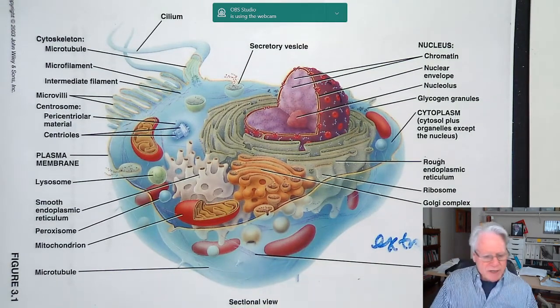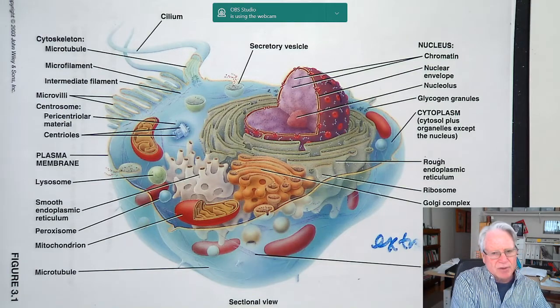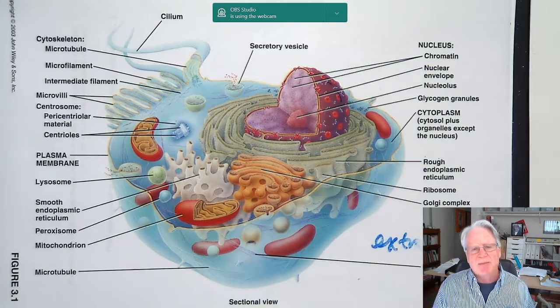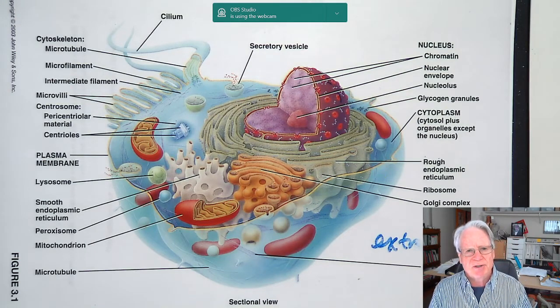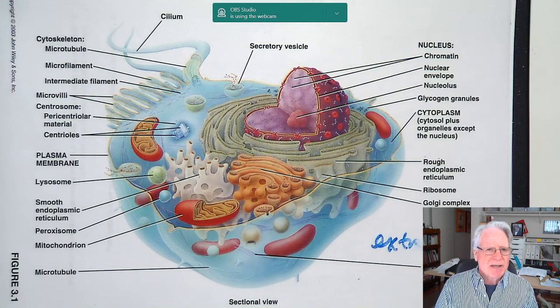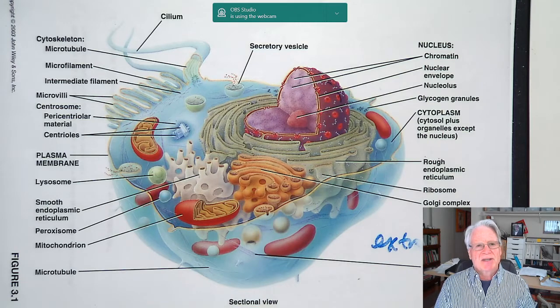Well, it's saying that this cell represents all the possible permutations and structures that you might find in any one particular cell. So you would not find a cell that looked like this in your body. What they've done is made a composite cell, and they've shown you all the various structures that we're going to end up talking about.